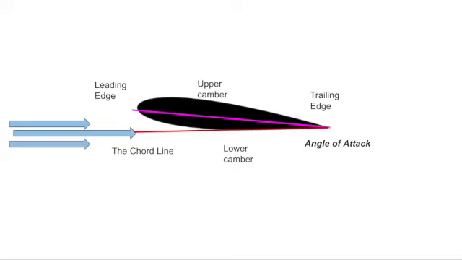So the literal textbook definition of angle of attack is the angle between the relative wind and the chord line. So how I show that here is we have the chord line from earlier up here, this pink line, and then our relative wind hitting the wing and kind of meeting up with that chord line. So that's going to be your angle of attack.